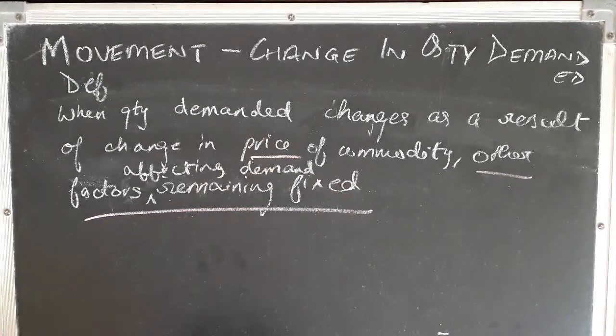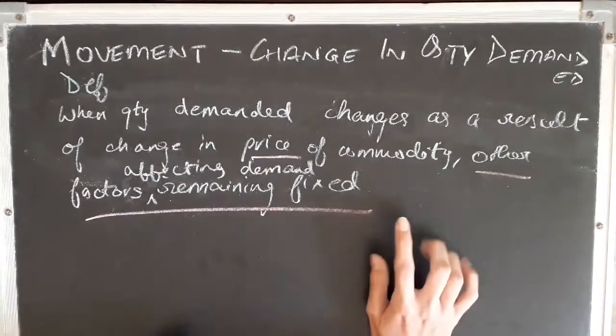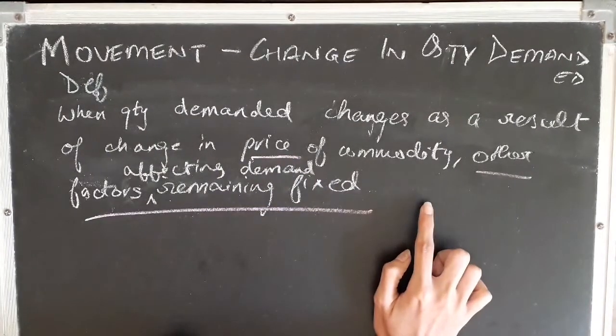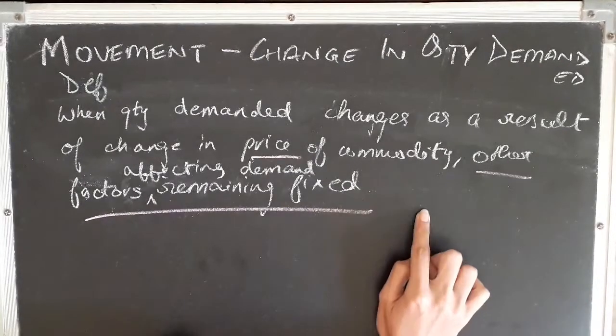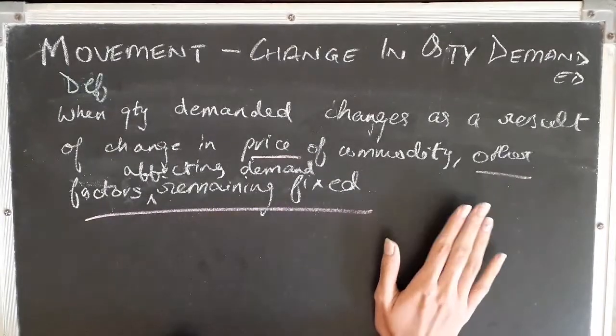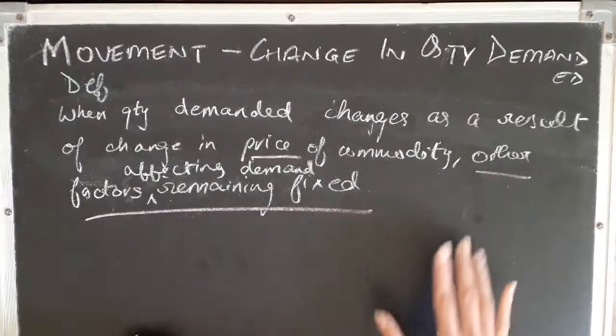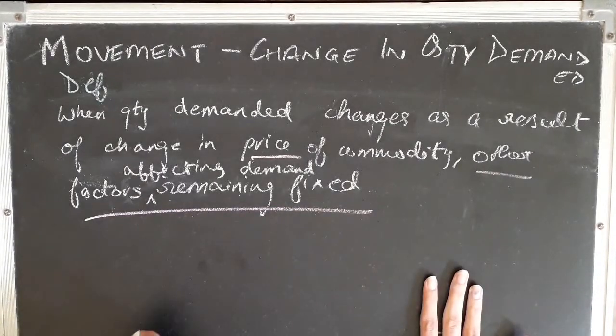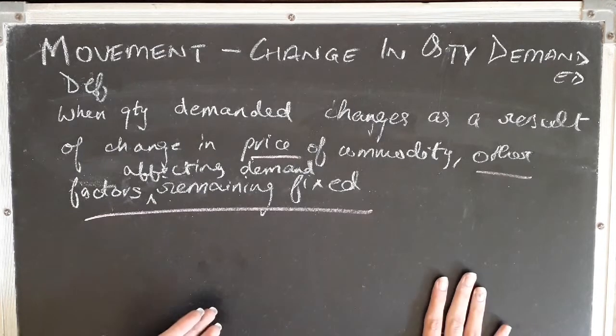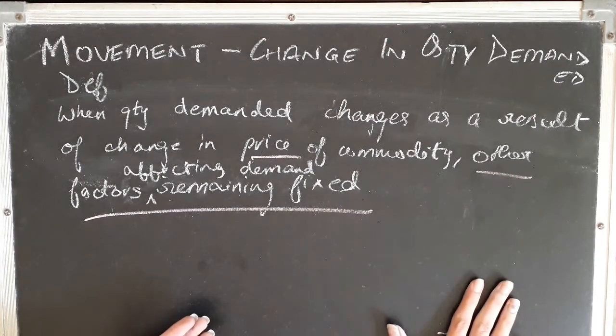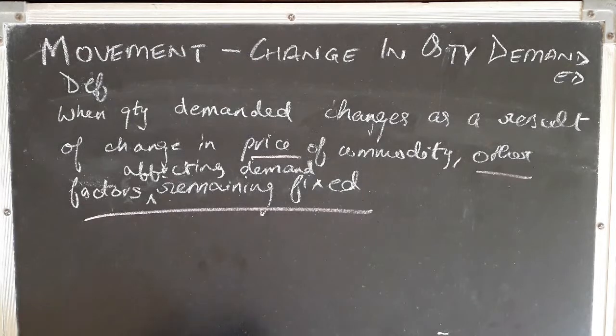So the most important point here is that the movement along the demand curve occurs only because of the change in the price of the commodity, and all other factors affecting demand such as income of the consumer, taste and preferences of consumers, etc., which we had done in one of the previous videos, all those factors remain fixed. Okay. Now, movement along the demand curve or change in quantity demanded is of two types.